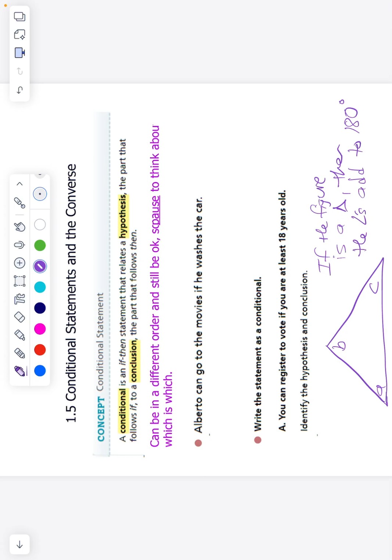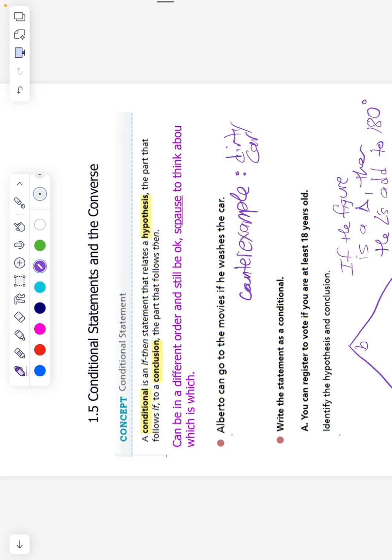What would be a counterexample to that? If he doesn't wash the car. We don't have to necessarily say the second part, but a counterexample is a dirty car, right? That disproves the fact that he did the job. Okay? Let's do another counterexample.